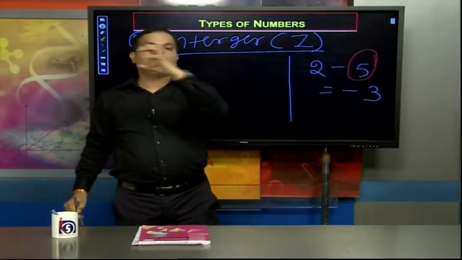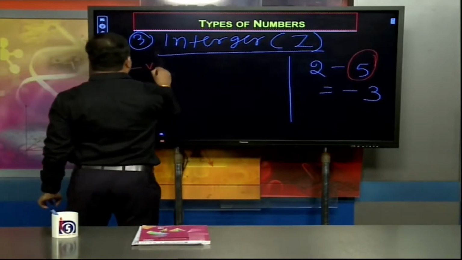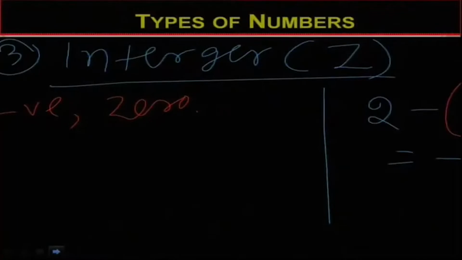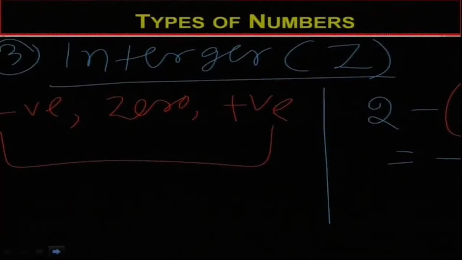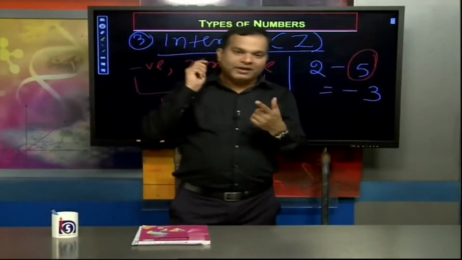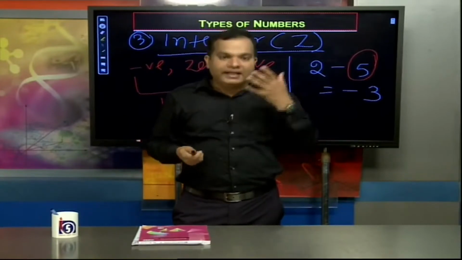When we include the negative numbers with the whole numbers, that is, negative numbers, 0, and positive numbers, we combine all three categories of numbers and then we get the integers.